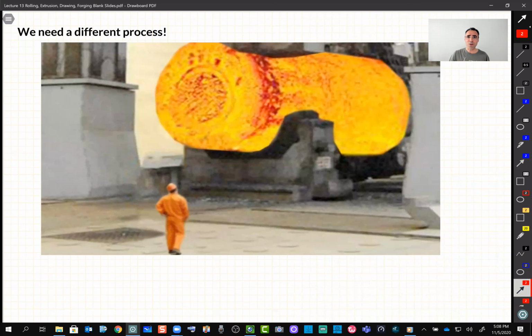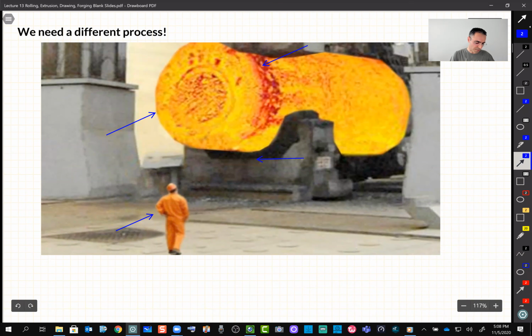And if you're not convinced by now that we need another manufacturing process, maybe this picture can convince you. This is a gigantic part. You can guess from this guy standing over here. I'm guessing it's about 2.5 meters in diameter, and maybe something around 4 meters in length.